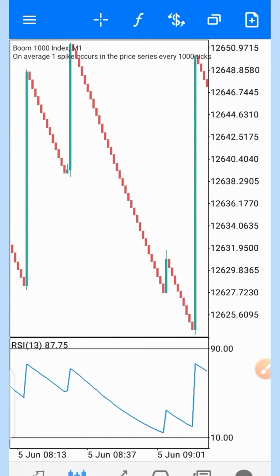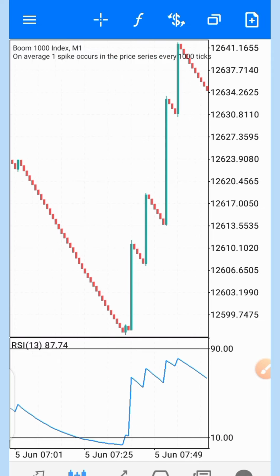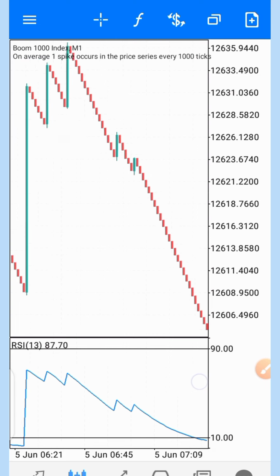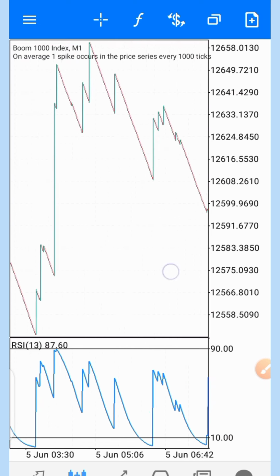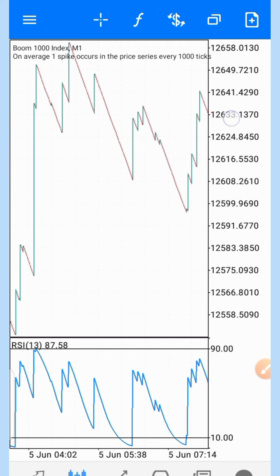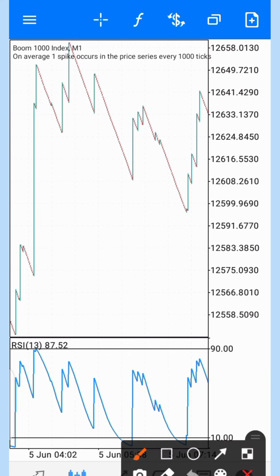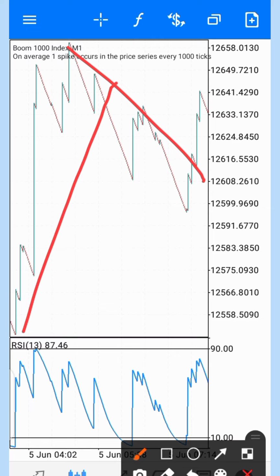So now this is my RSI. The relative strength index shows the weakness and the strength of a particular trend. Forex movement is always in a trend, either a downtrend or an uptrend. When the market is in an uptrend in Boom, that means the spike is happening.